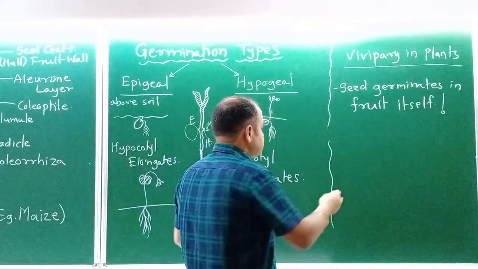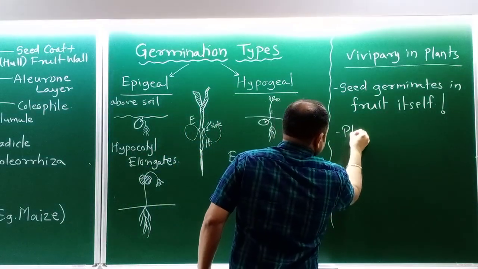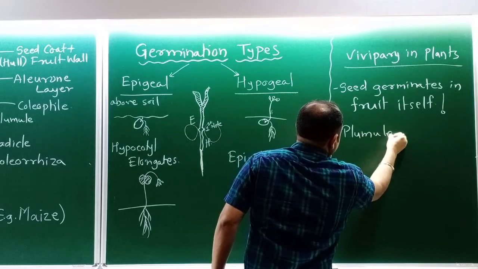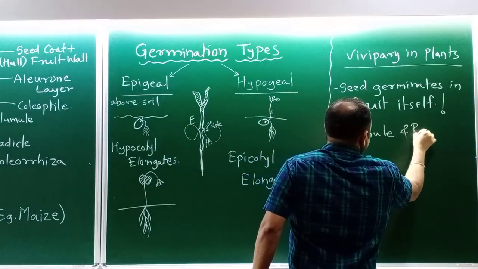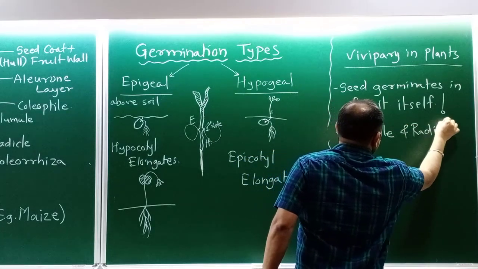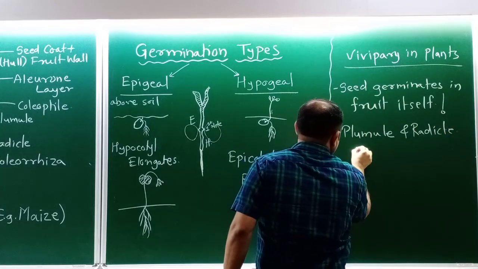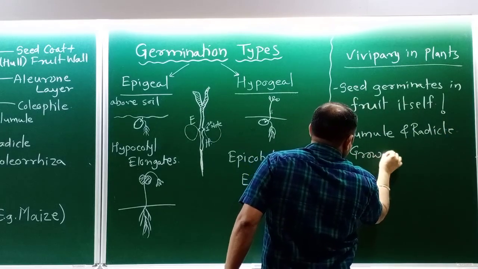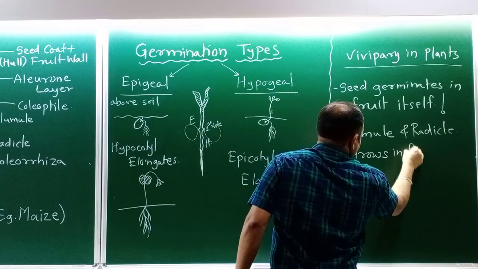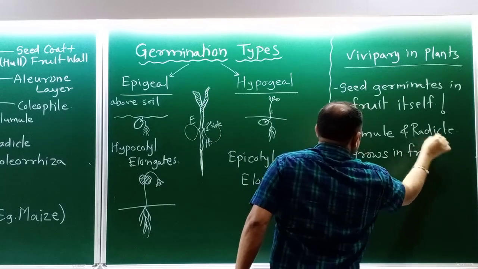Okay, so this occurs. So this is plumule and radicle grows from the fruit.